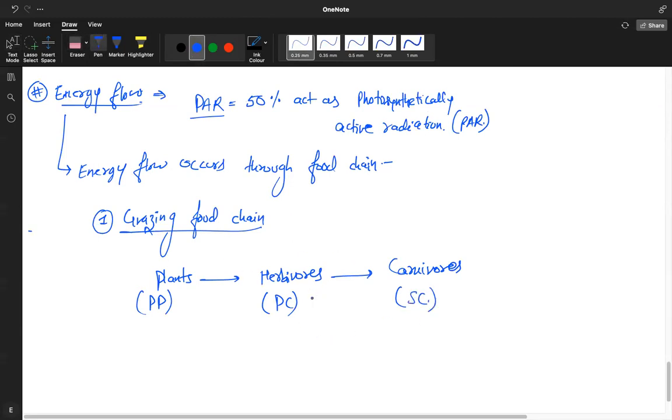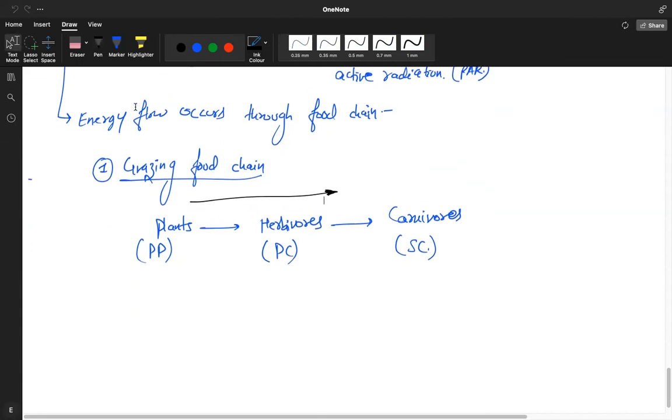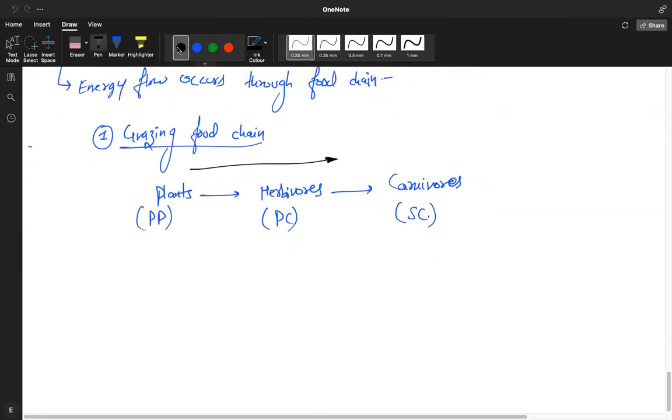In this, we are assuming that this unidirectional flow of energy is because things cannot come back to plants, but that does not happen. So the more realistic model in nature is where it goes to carnivores, and from carnivores it can come back to plants.